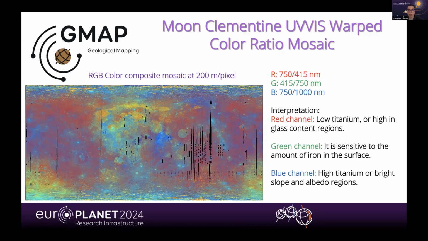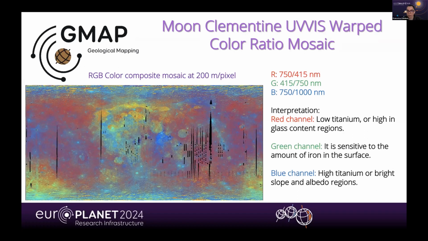Why are these ratios important? They are important because each one gives information on the composition of the moon. So even with a multi-filter camera with few channels, we can extract a lot of information.